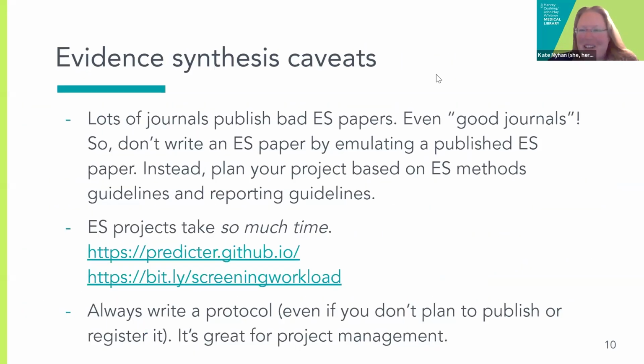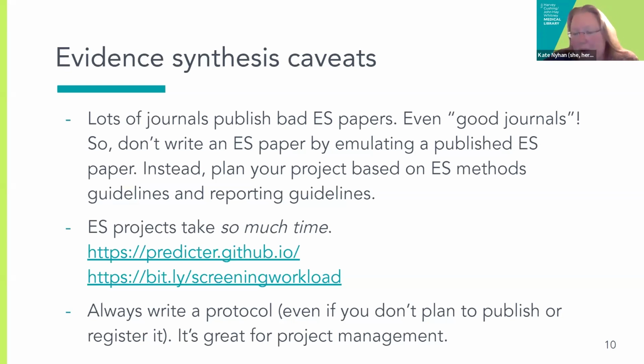Now, why do I recommend people think twice about evidence synthesis projects? Well, issue number one, a lot of journals publish bad, very bad, poorly designed and poorly reported evidence synthesis papers, even journals that have a very good reputation. We all know, of course, that you shouldn't judge research by the reputation of the journal it's published in.